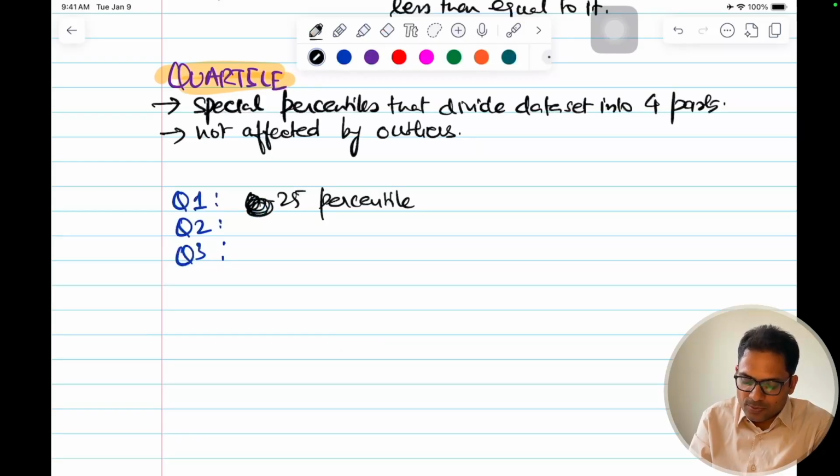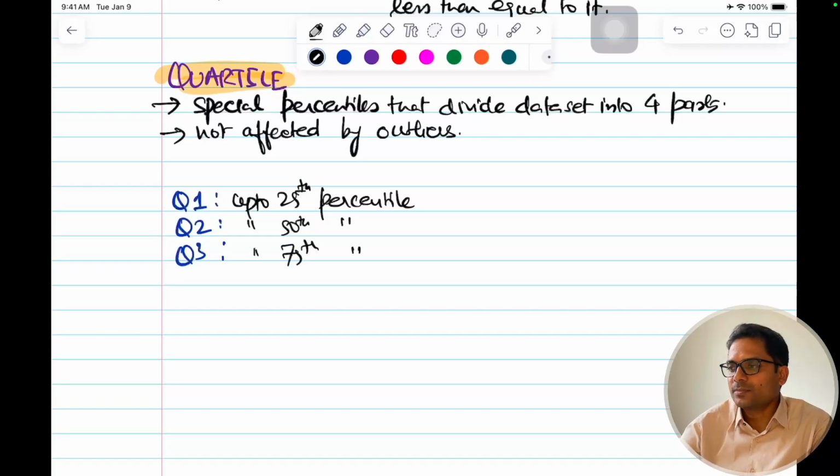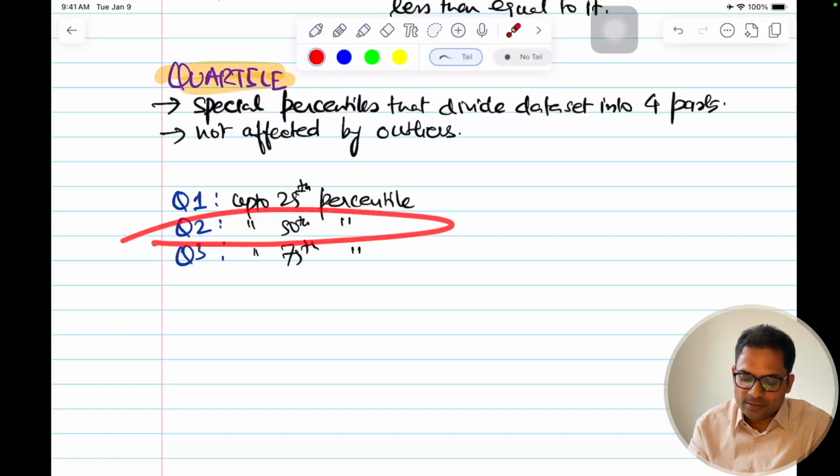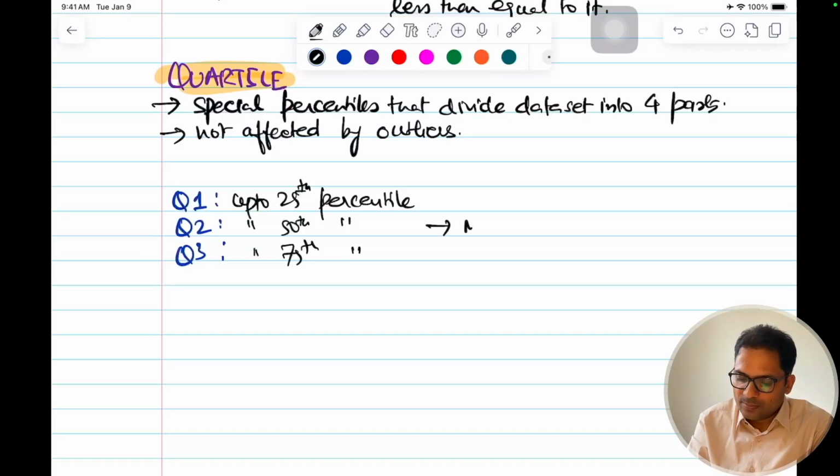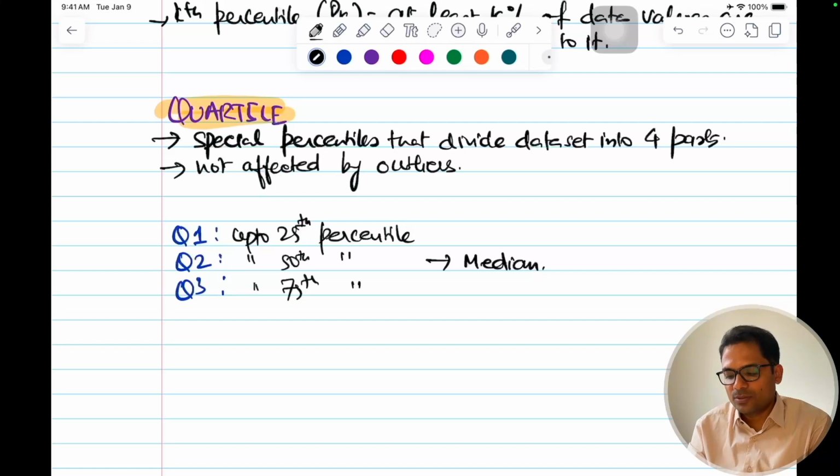So I'll write up to the 25th percentile, then up to the 50th percentile, and then up to the 75th percentile. And the 50th percentile means the position is in the middle. So generally Q2 is the median. The median is a measure of percentile also, so the 50th percentile is the median.